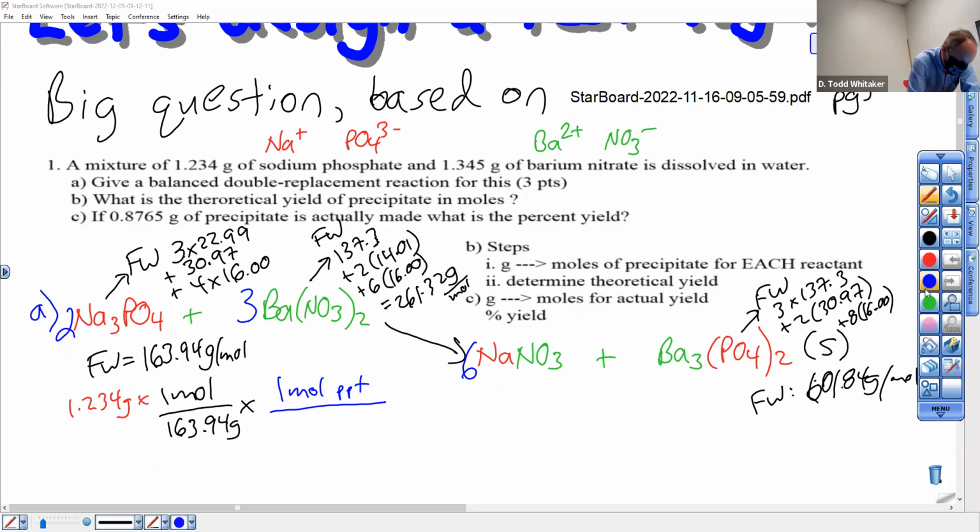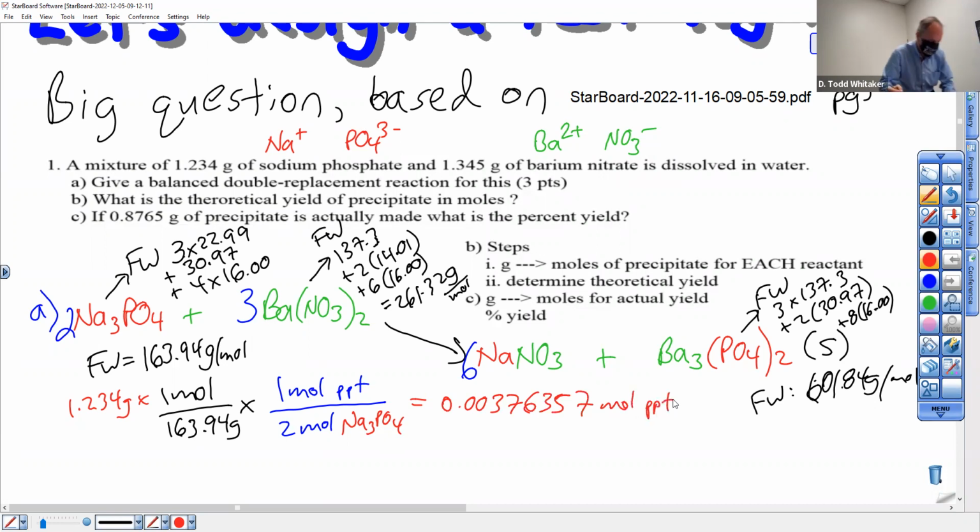They're blue, all blue. 2 mole Na3PO4. And somebody got that for me? Mole PPT. And now we're going to do the other one underneath.